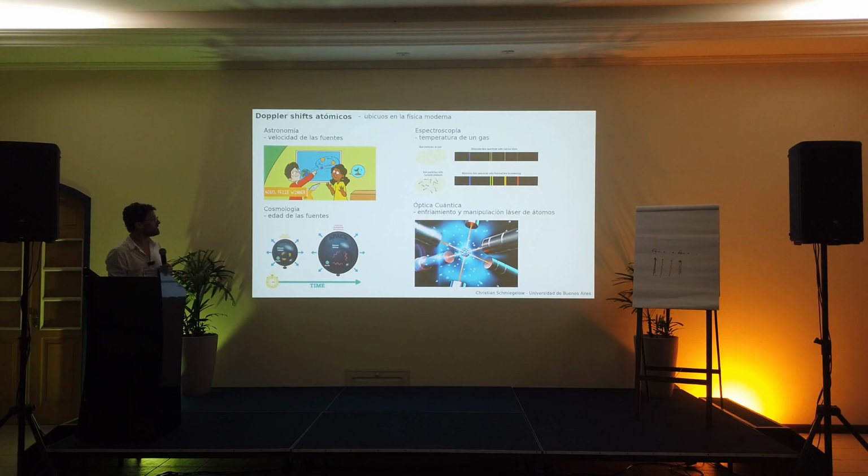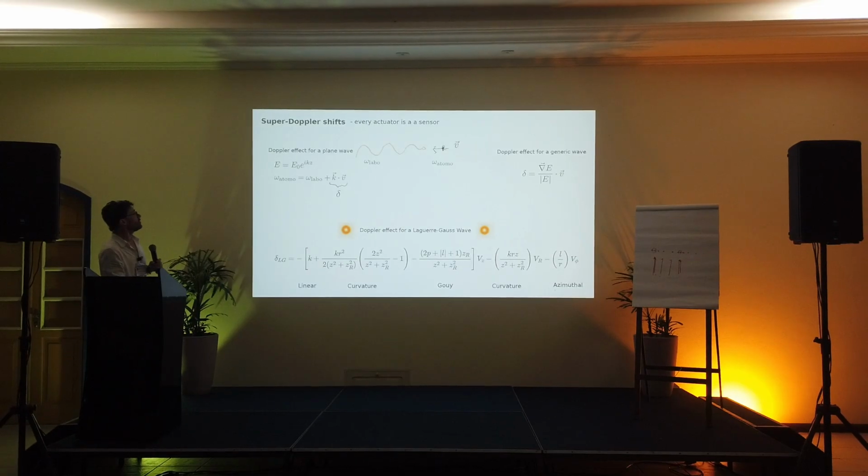It allows us to sense the temperature of gases by looking at the broadening of lines, and it allows us to cool and contain gases, quantum gases in different combinations. It has allowed the last 30 years of development of atomic physics and the construction of everything from optical clocks to prototype quantum computers. But what do we know?